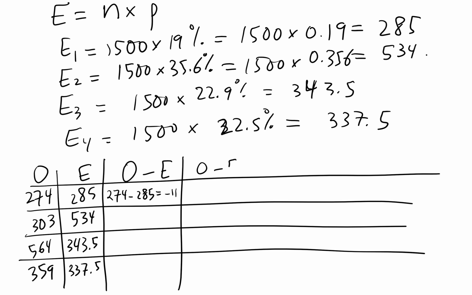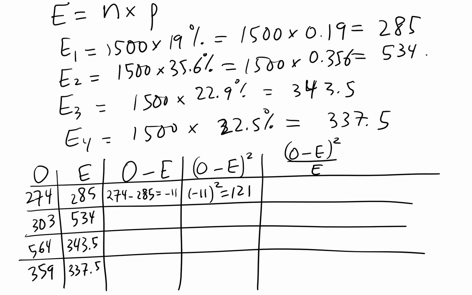Next we're going to square these. Negative 11 squared is 121. After that, we divide each number obtained by the expected value, so it's 121 divided by 285. It's about 0.4246.